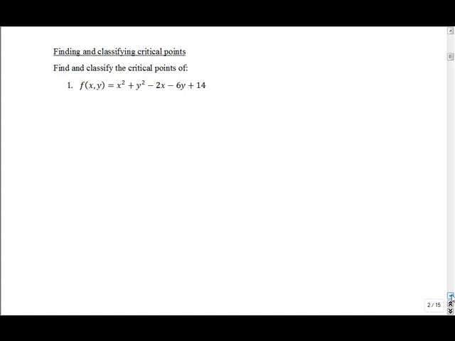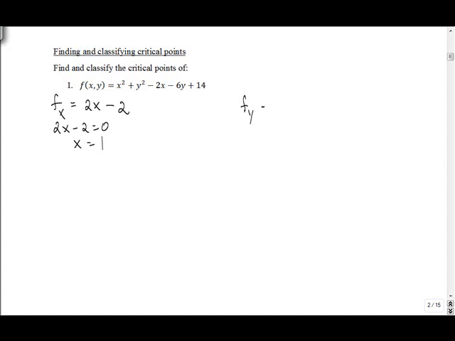All right, so let's find the critical points. The first thing we're going to do is to find the first partials, set them equal to 0, and solve. So the partial of f with respect to x is 2x minus 2. Put this equal to 0, and we get that x is 1.